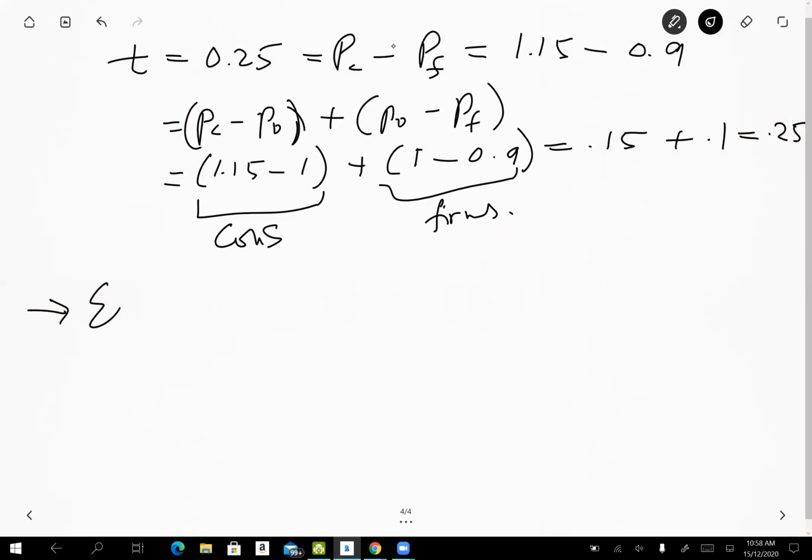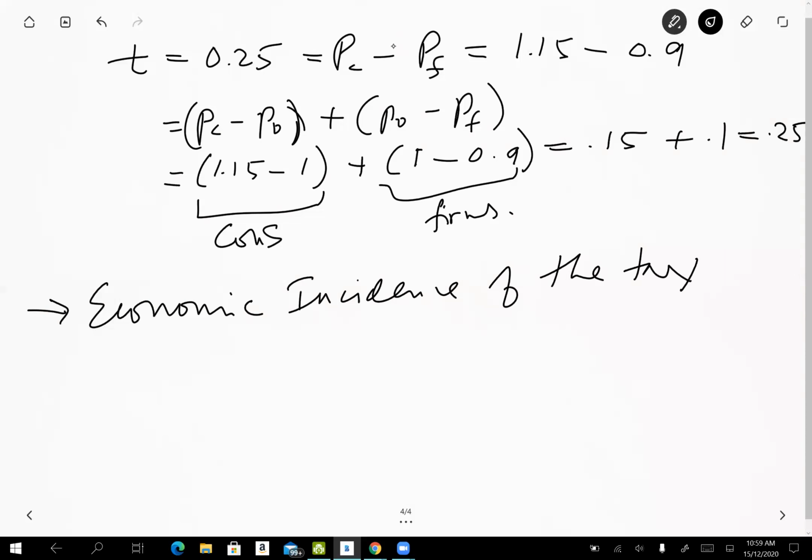Earlier we just said incidence, and now I put the word economic. Actually, the word economic should be put in brackets. We call it economic incidence, or the incidence of the tax.